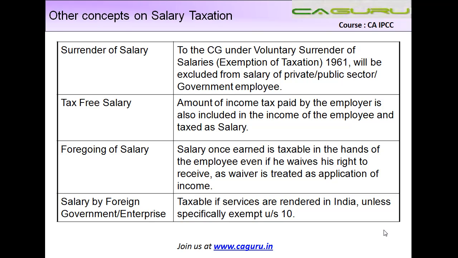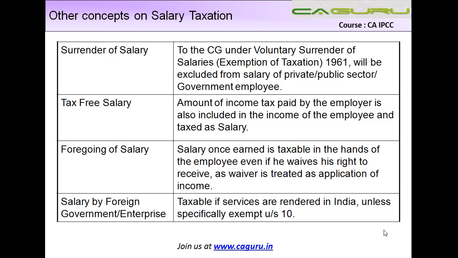Now whether you throw it in the dustbin or you donate it to a trust, it doesn't matter. The law doesn't care. It has accrued to you, you have earned it, you have to pay taxes. What you do afterwards is an application of income. So therefore, you have to pay taxes even if you forego it at a later date.